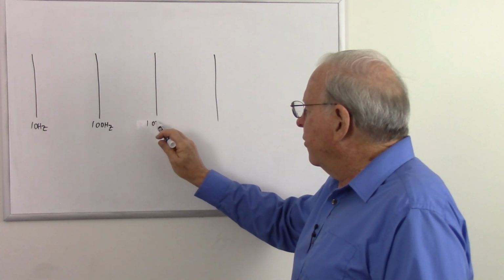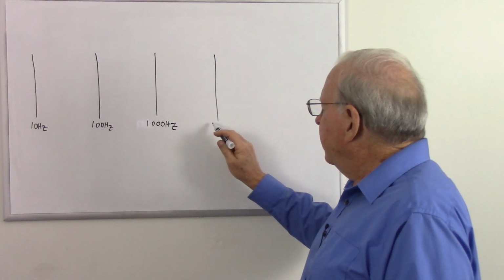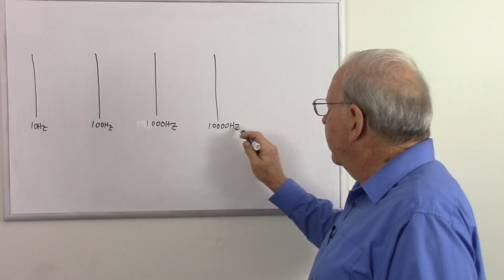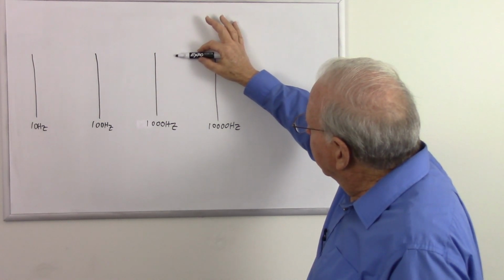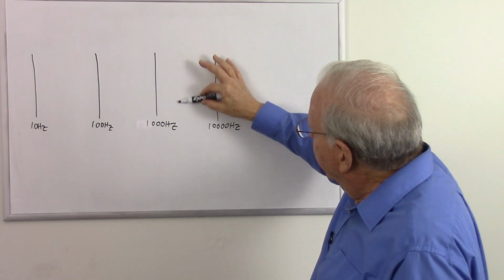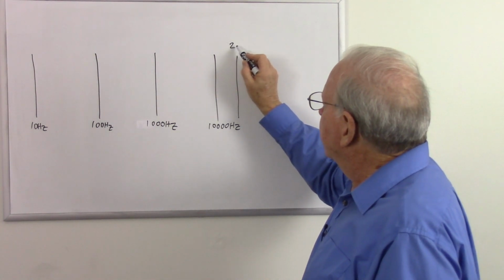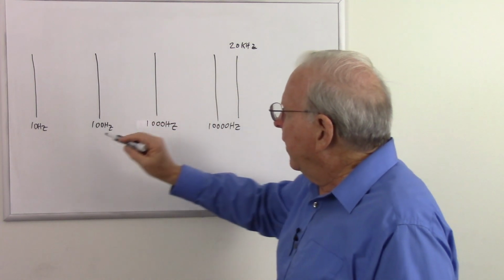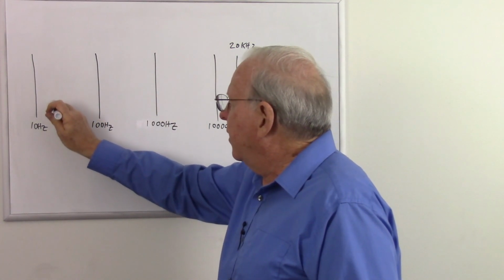Make this one 1,000 hertz. This would be 10,000 hertz. And that would put 20,000 hertz, let's see, we want to be about a third of the way over here. So right about here, let's put that up here, 20 kilohertz. And then down here, 20 hertz would be about the same distance, right about there.